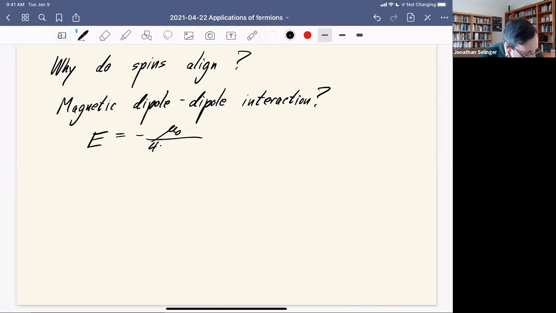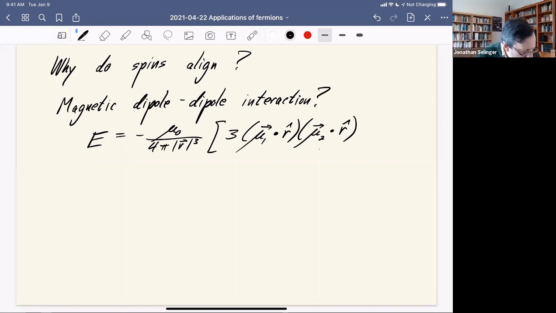It depends on the distance between the dipoles with this 1 over r cubed. And then it involves 3 mu1, so the dipole moment of dipole 1, dotted into r hat, where r hat is the unit vector between the dipoles. And then mu2 dot r minus mu1 dot mu2.